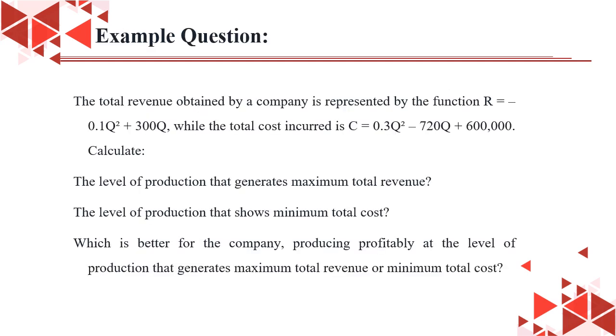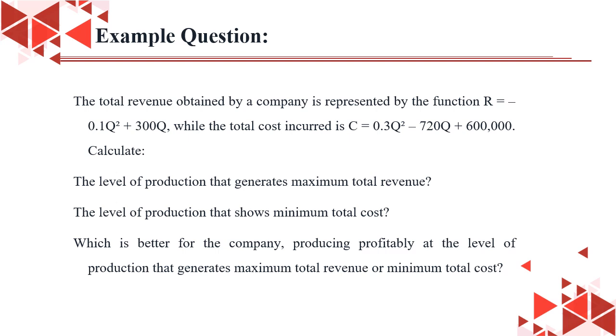So the last example question is: the total revenue obtained by a company is represented by the function R equals minus 0.1q quadrat plus 300q, while the total cost incurred is 0.3q quadrat minus 720q plus 600,000.